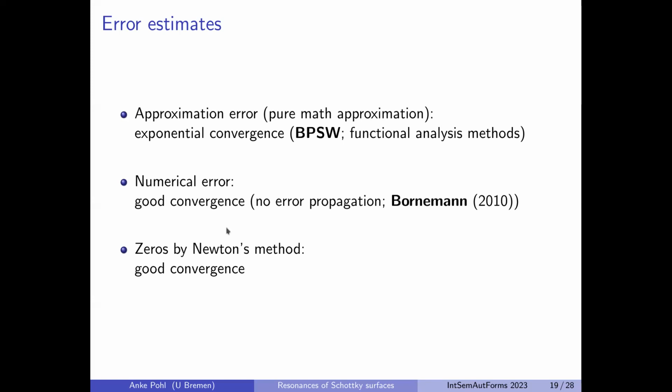This is something which is also intensively discussed in the survey article by Bornemann. Bornemann, by the way, is a numerics professor in Munich. And there are, of course, the errors which come from Newton's method, which we just use as a black box here. But Newton's method is known to have very good convergence, so there's no additional numerical problem in here.